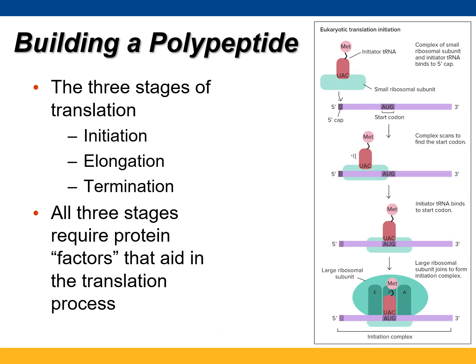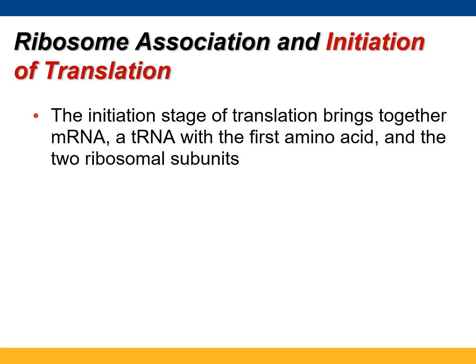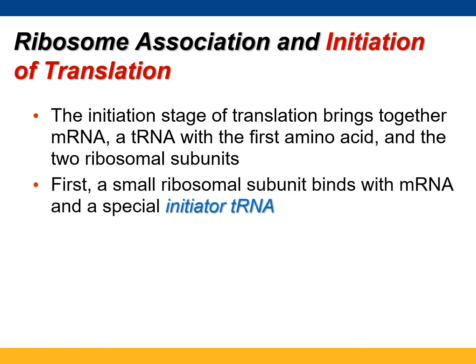So we're going to simplify it a little bit just so that we can get a start on this. We initiate. What we're going to have is the mRNA, and the tRNA with the first amino acid. It says 2 ribosomal subunits, but the truth is it's really just the small ribosomal subunit. The big one's available, but it's not bound yet.